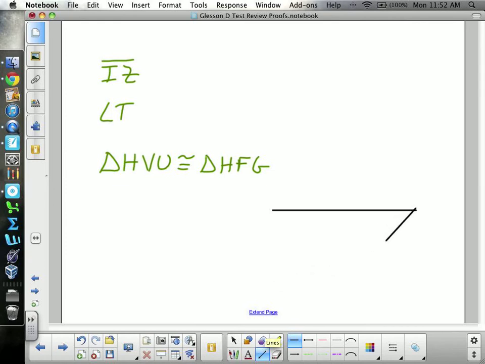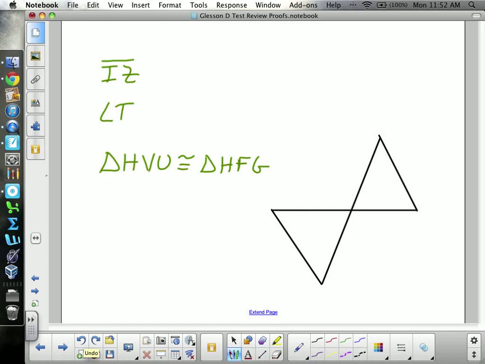Hold on, let me undo this. Okay. If we had something like this, and I gave you this side, this angle, which shortcut are we using? Now remember, it's just like a proof. We don't have to write out the whole proof here, but you still want to have the same thing. What am I given? I'm given an angle and a side.